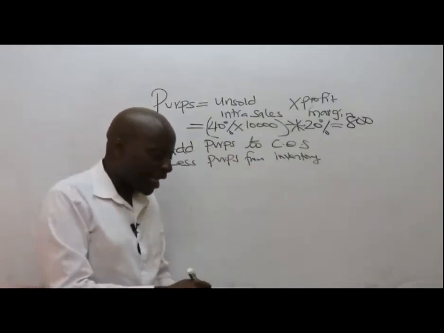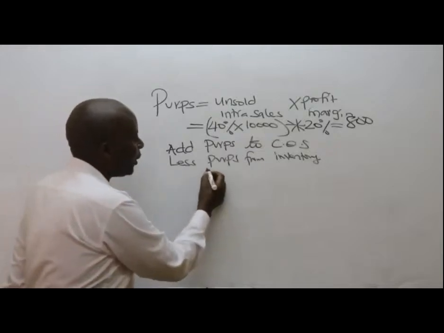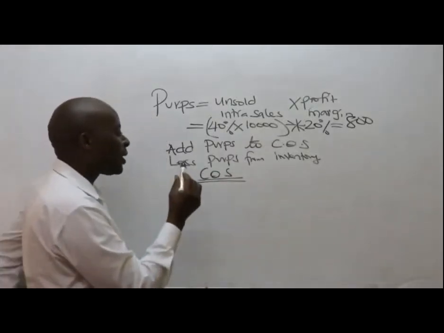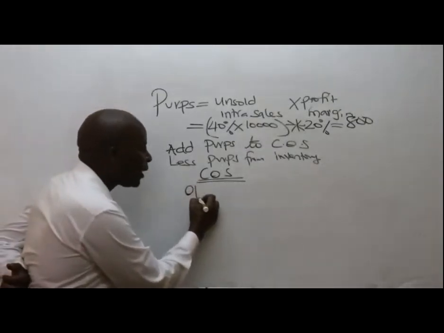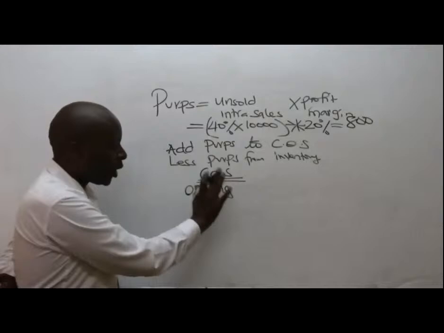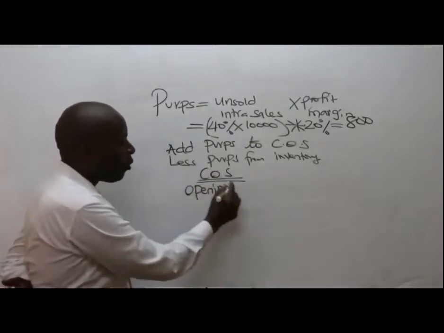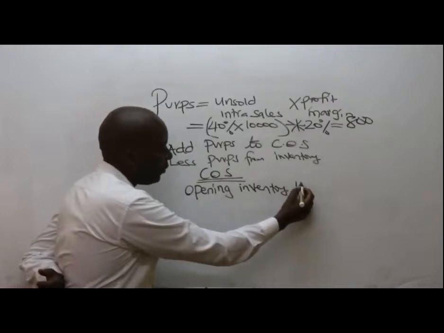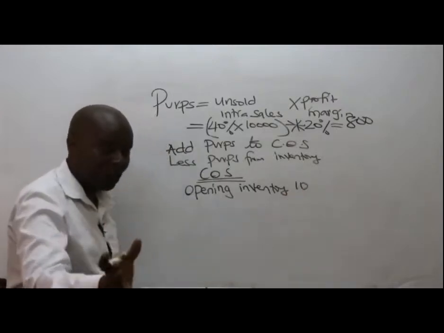Now listen, how do we get our cost of sales in the income statement? To get cost of sales, ladies and gentlemen, we normally take the opening inventory. Don't write this down, this is just by the way. Opening inventory, we have a figure, for example, of 10, just a hypothetical figure.